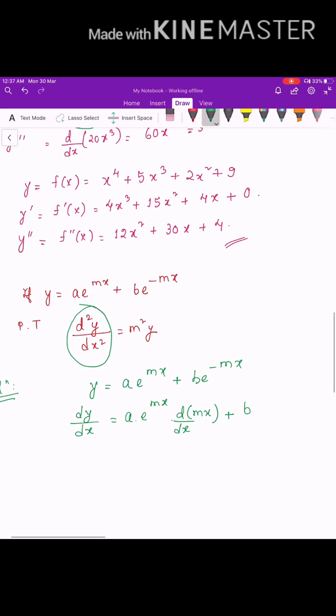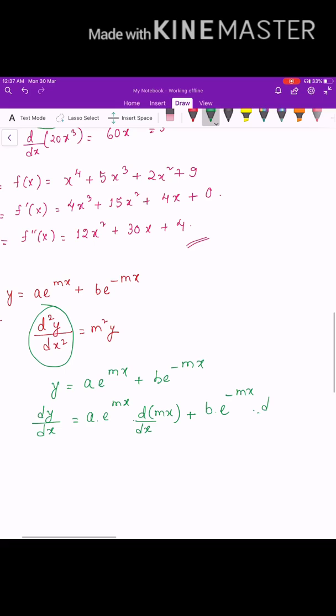Plus, similarly, as the first expression, so a into e to the power mx, if I differentiate mx with respect to x, what do I get? M. Why? Because m is a constant and I have to differentiate x with respect to x.